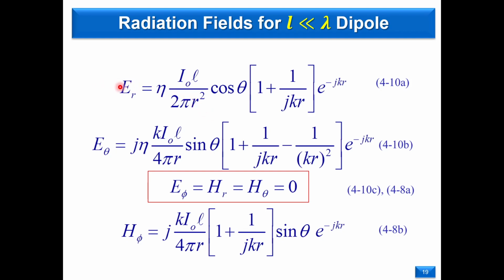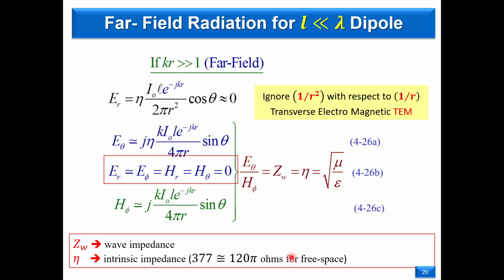So the whole E_r in the far field is negligible. The 1 over j and 1 over k squared component of E_theta also will vanish in the far field, leaving only one term that depends on 1 over r. Same thing for H_phi: only one term remains, the other term will vanish in the far field.